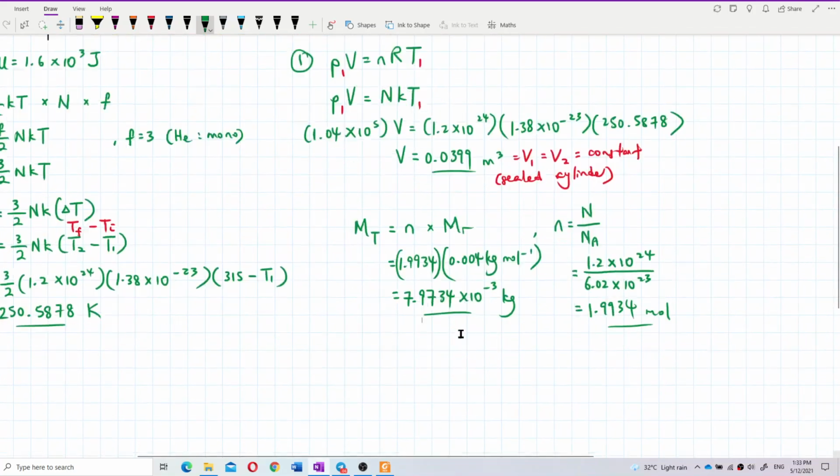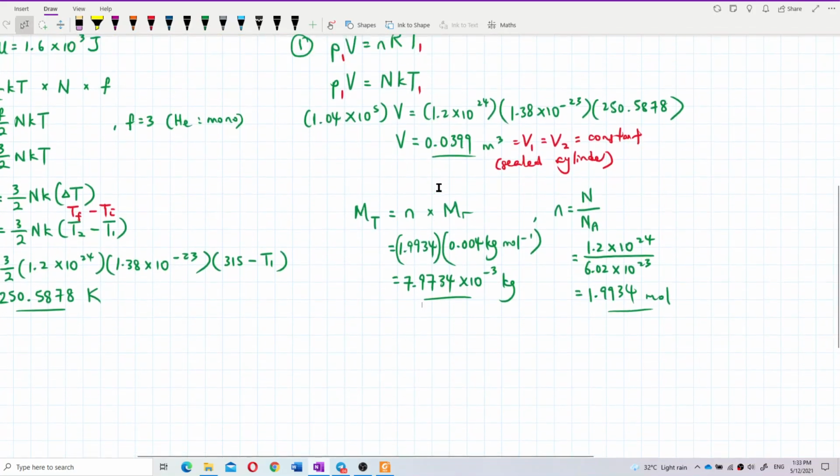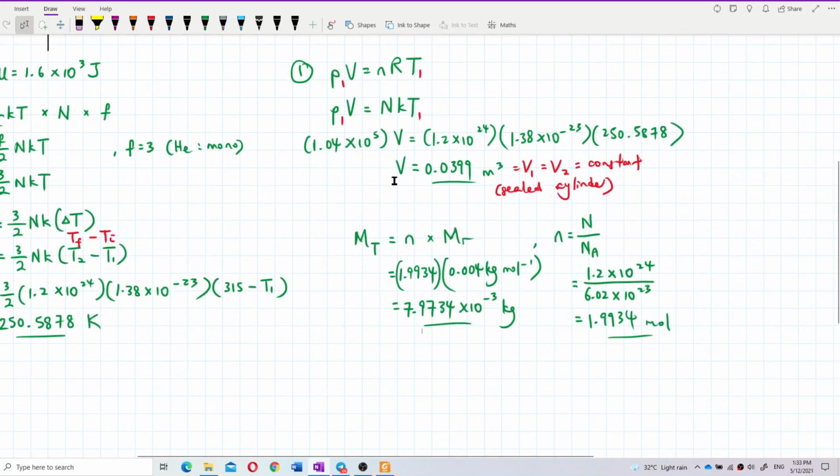Next, I want to find the density, because I already have the volume, which is constant for both conditions, and the total mass. So I just divide to get the density.